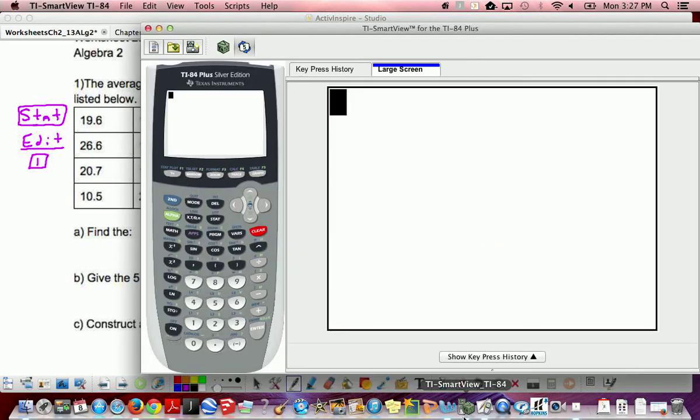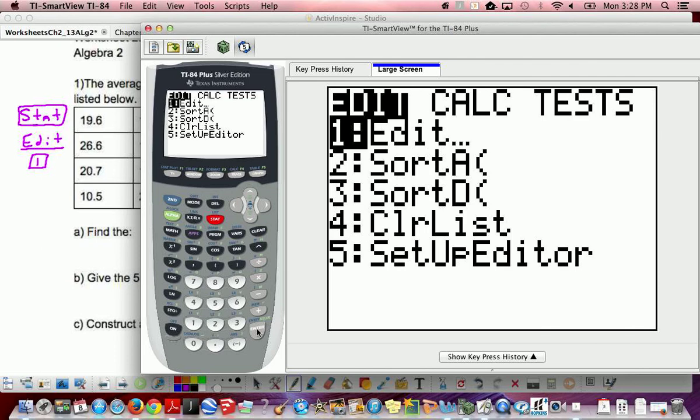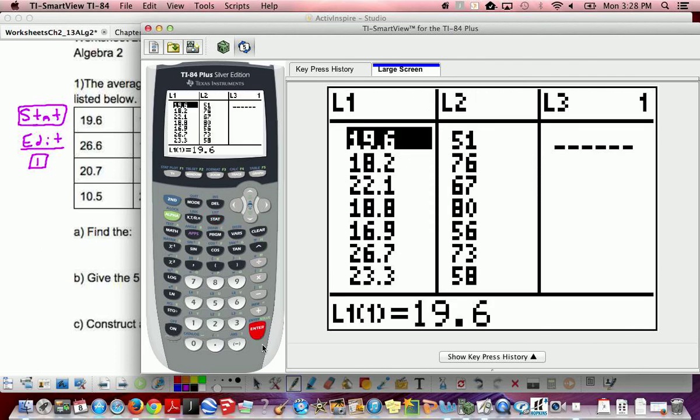So if I open up my calculator, I hit the stat key, right under edit, go ahead and select number 1, you can actually see that I have the data already listed there in list 1. So take a second, pause the video, enter in your data. In fact, if you're going to do number 2, enter problem number 2 into list 2 and then unpause the video and we'll continue on.